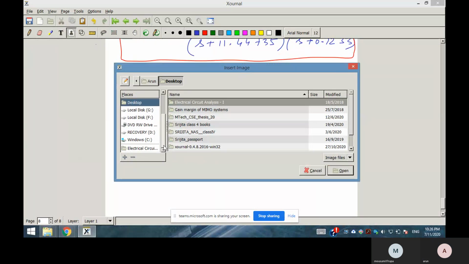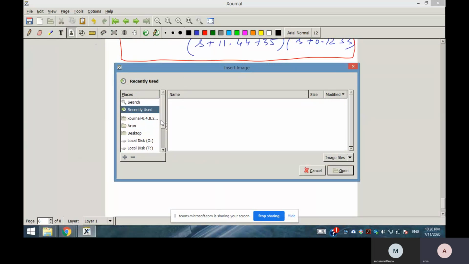No, it is not coming. Just one use. Just wait.